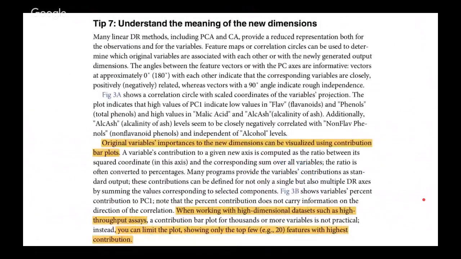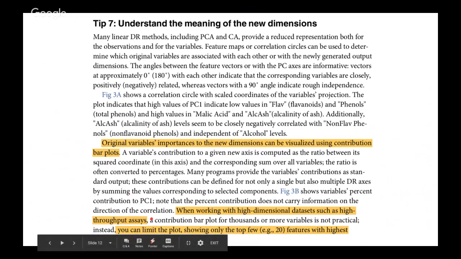Tip number 7, understand the meaning of the new dimensions. Here they show an example in the paper. We're going to concentrate on the fact that original variables' importances to the new dimensions can be visualized using contribution bar plots. Sometimes this is a very good way to immediately perceive the relationships between the factors that you're looking at in your tabular data.